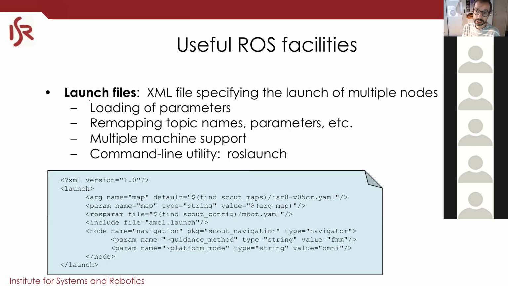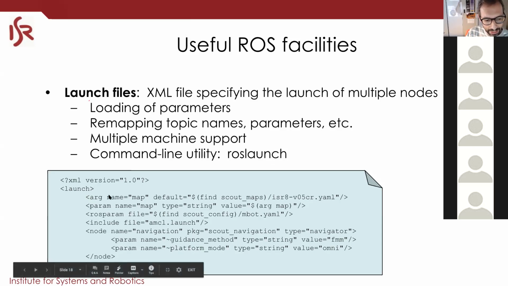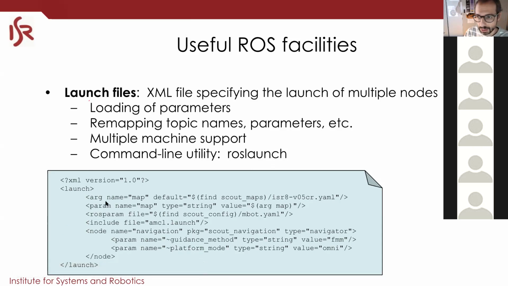But it's more than that. It's much more than that. In this XML file there are lots of tags you can use. Here is just a simple example. You can set arguments, so you can call ROS launch with some arguments, and this is the definition of default values for those. This is a parameter.